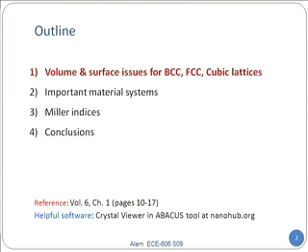Now, one thing I want to point out is that at the bottom of the slide, you will see the reference, of course, for the book, the page number I'm approximately covering. But at the same time, there is a set of software that you can find in nanohub.org. Presumably, you have an account there already.